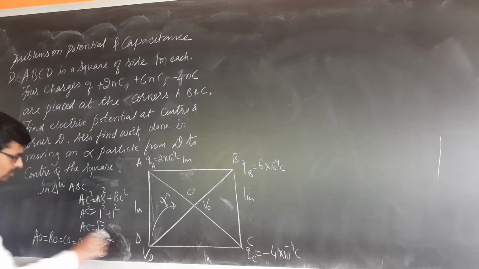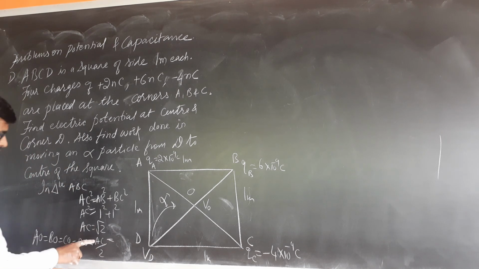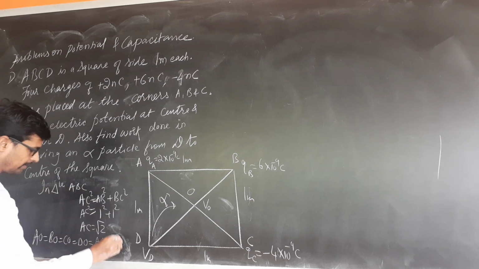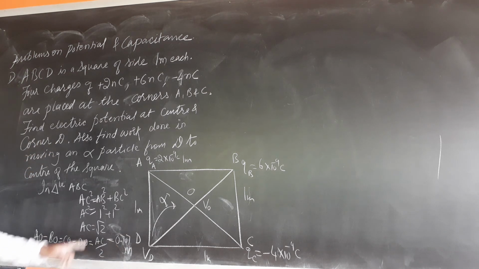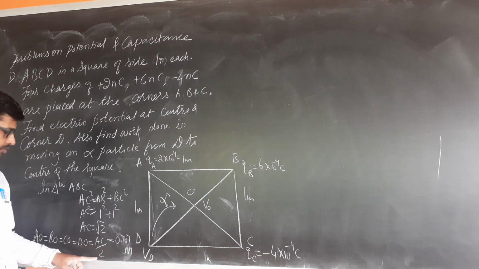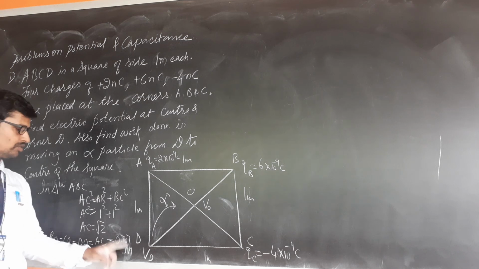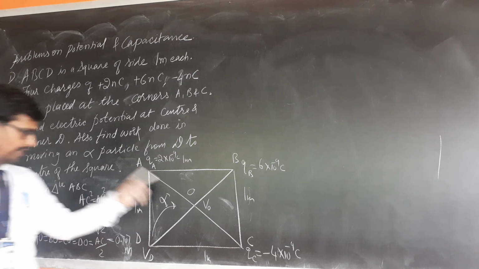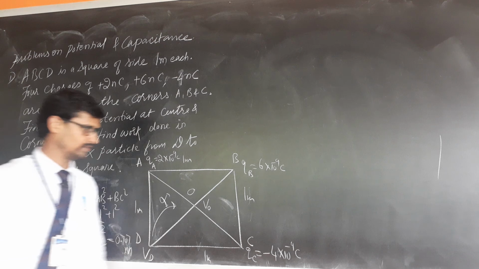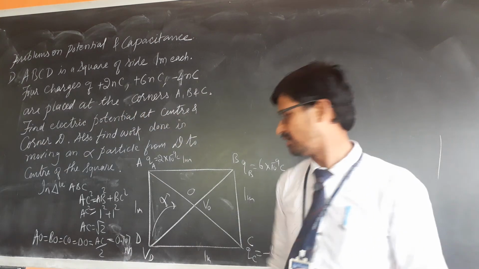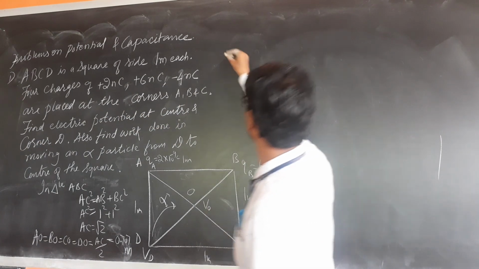AC by 2 means root 2 by 2, and if you simplify, that is 0.707 meter. So AO, BO, CO and DO are all equal to 0.707. Let us see how to find the potential at center O.